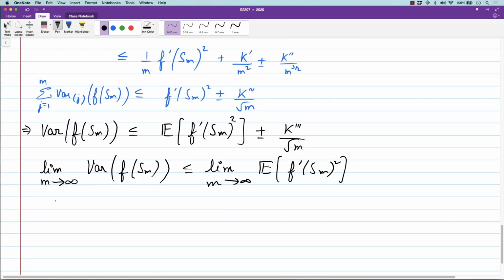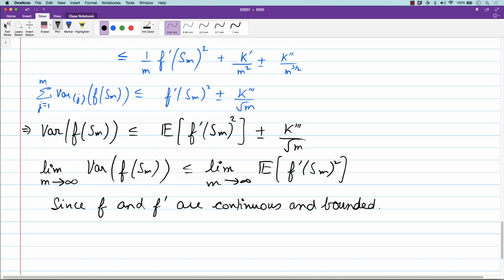Now, since f and f prime are continuous functions, and sm converges to this Gaussian in distribution, this is my notation for convergence in distribution, you will have that the expected value of f prime sm square, which is also a continuous function, goes to the expected value of f prime x square.